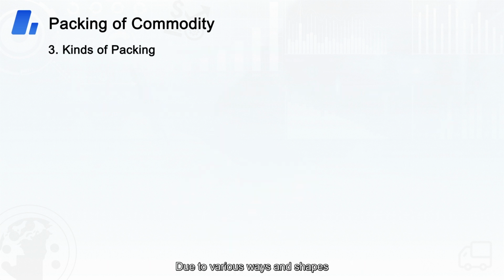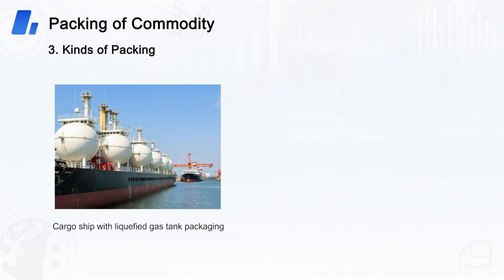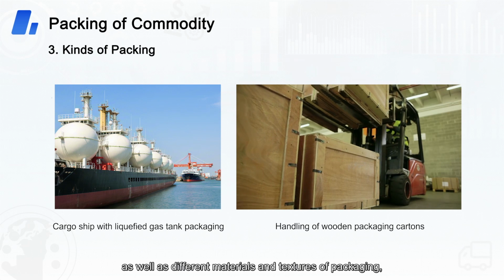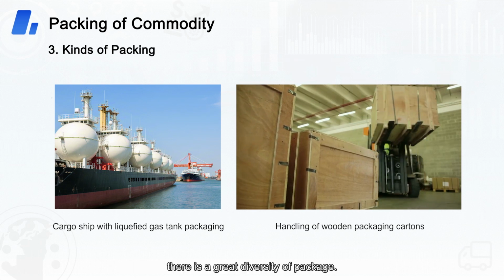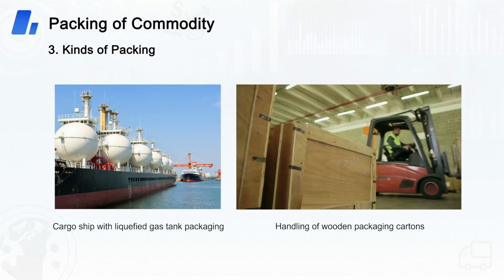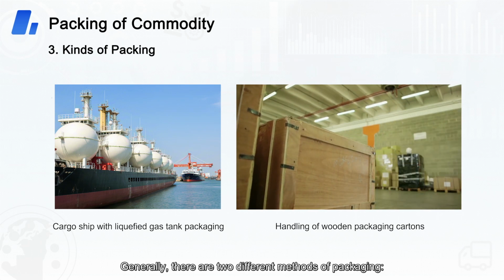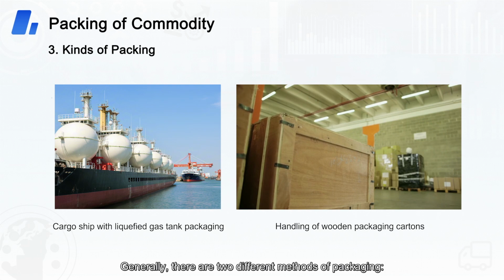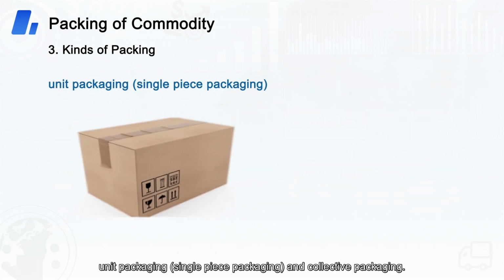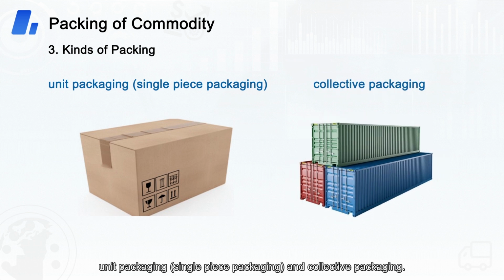Due to various weights and shapes, as well as different materials and textures of packaging, there is a great diversity of package. Generally, there are two different methods of packaging: unit packaging, single-piece packaging, and collective packaging.